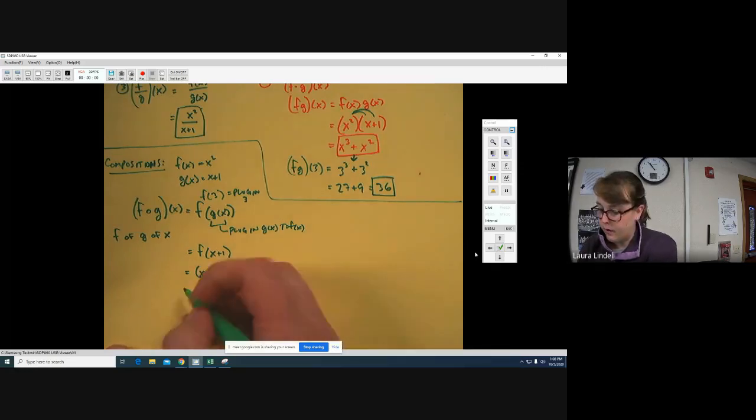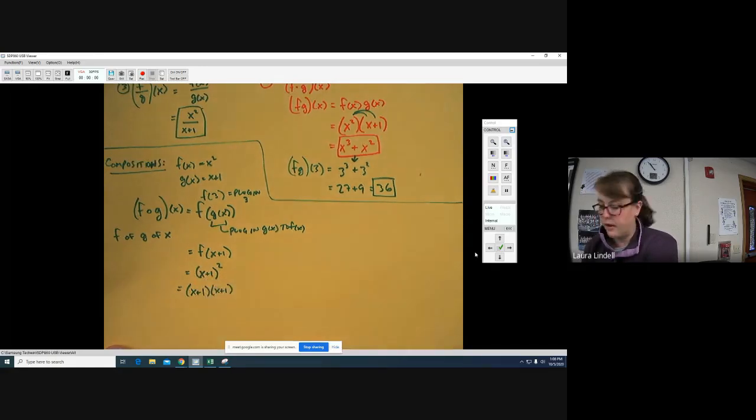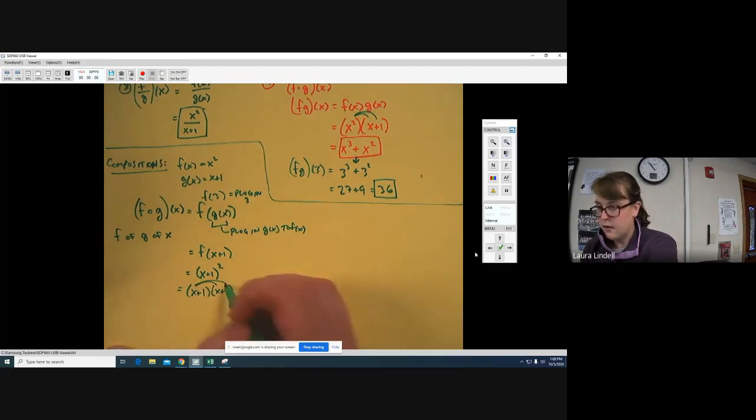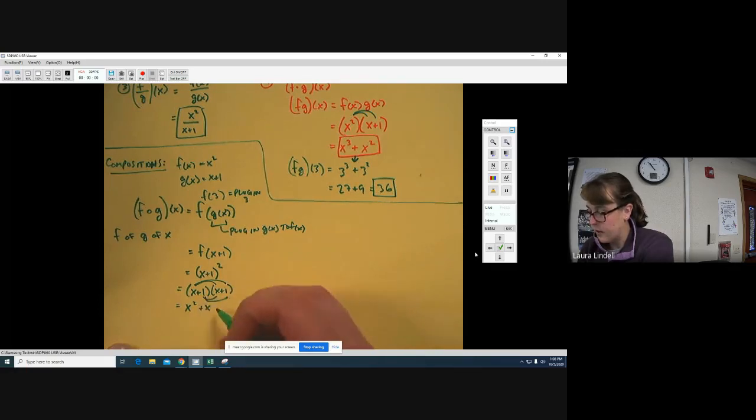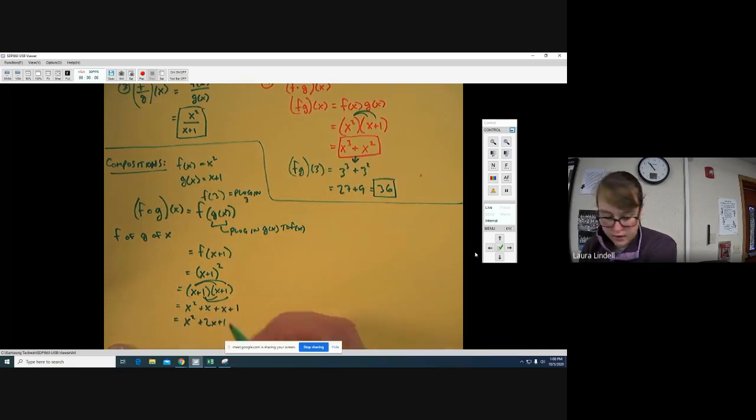And then I would simplify this, so we go x plus 1 times x plus 1, since that's what x plus 1 squared is. And we would distribute, so we get x squared plus x, and then distribute the 1 to get x plus 1. So we get x squared plus 2x plus 1 for our answer here.